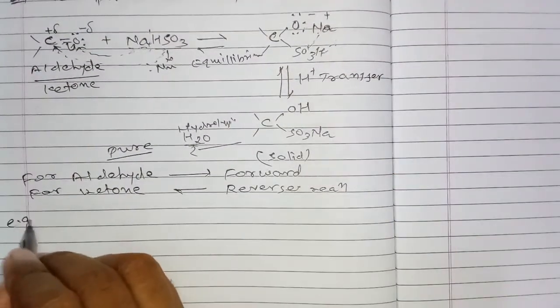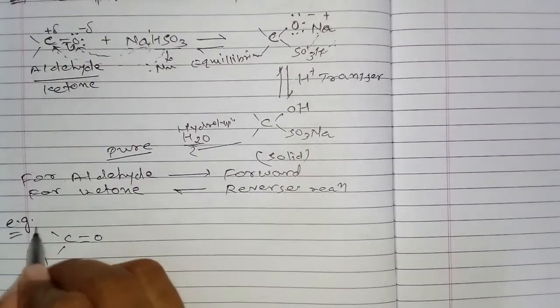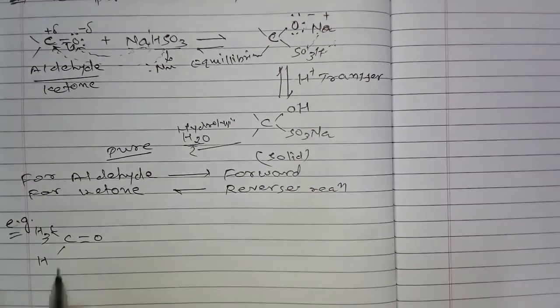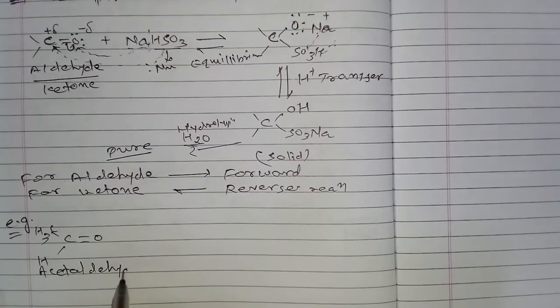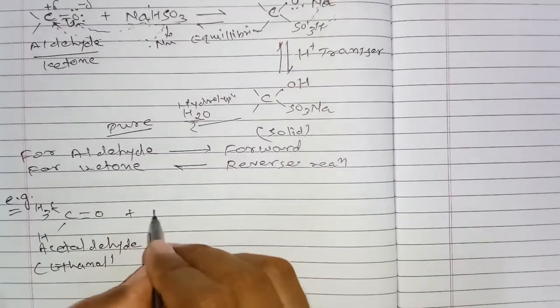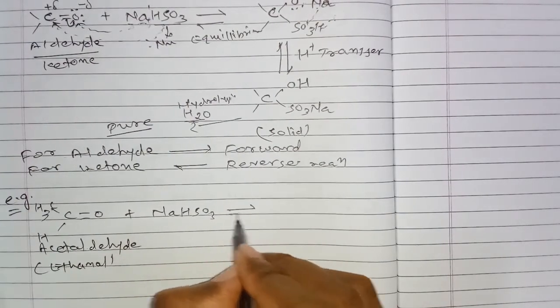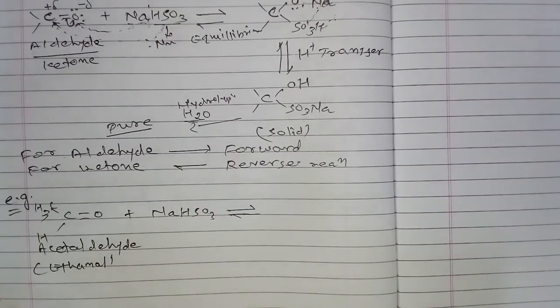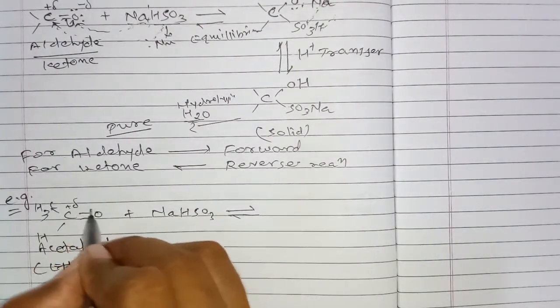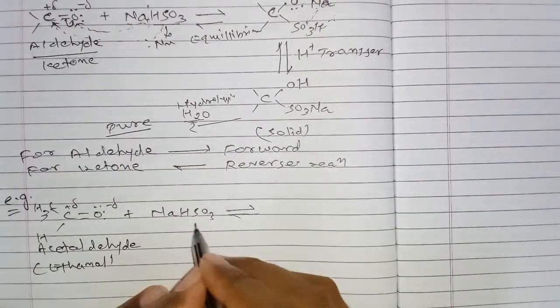First of all, let's see the example. Here is CH3CHO, acetaldehyde, which will react with sodium bisulfite. Carbon has partial positive charge, oxygen has partial negative charge.